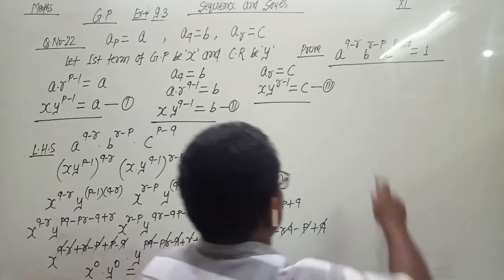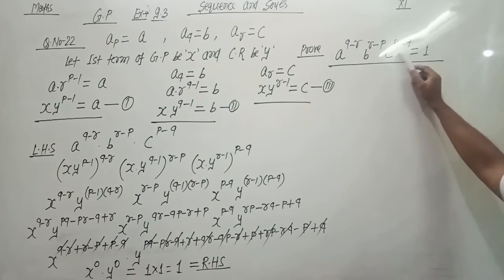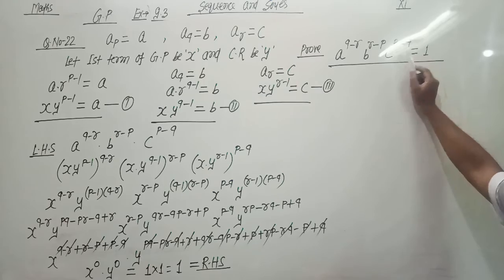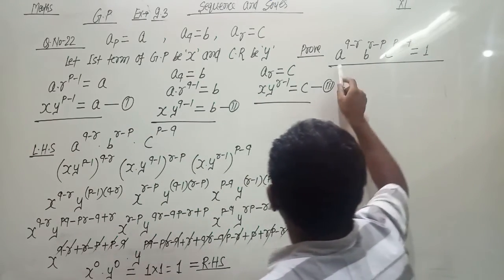LHS was a raised to the power q minus r, b raised to the power r minus p, c raised to the power p minus q. We put the value of a, b and c on the LHS.